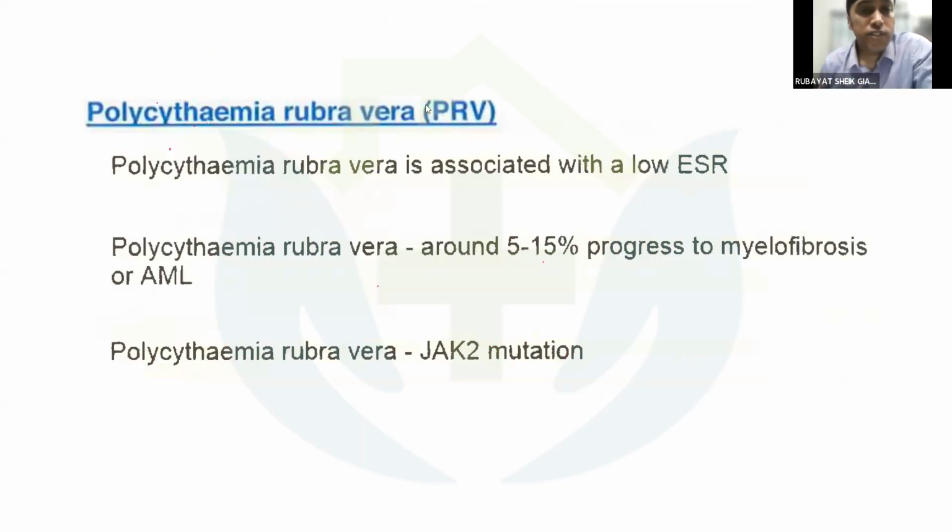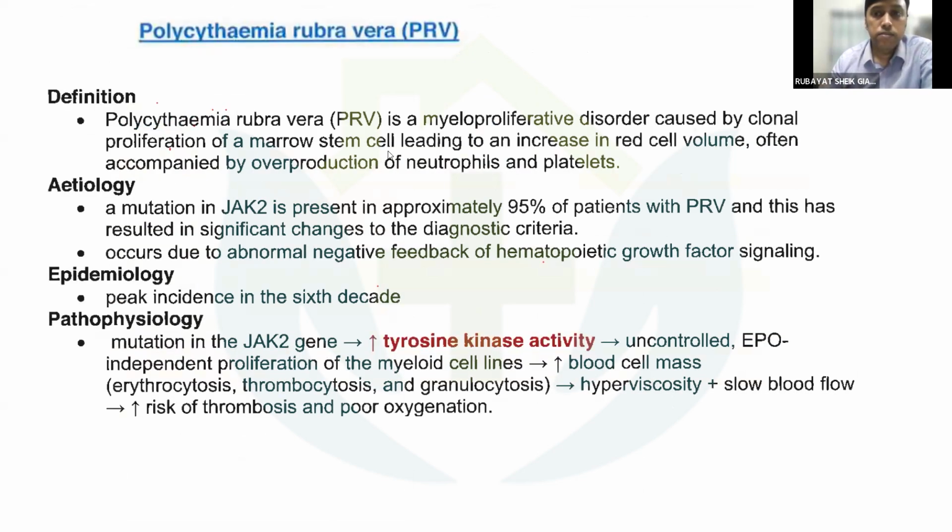Now let's discuss polycythemia rubra vera. It is a bone marrow disorder, myeloproliferative disorder. Very important to know that mutation in the JAK2 gene is responsible for polycythemia. Where did we hear about this earlier? Essential thrombocythemia.